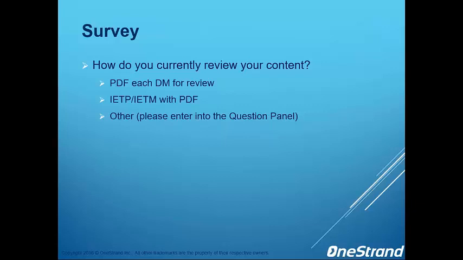Are you doing a PDF and then someone is opening up the PDF and writing comments all the way through using normal Acrobat Reader functions? Or do you generate your ATP and then for each data module that you want comments on, you print it out as PDF and again put comments into it? Or are you using some other method? And if you're using any other method, if you could pop it into the question panel just so we can get an idea of what's happening.